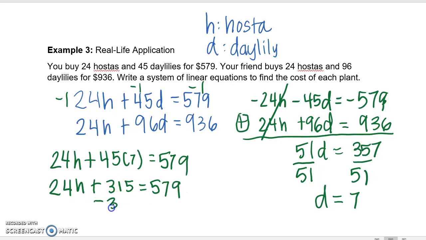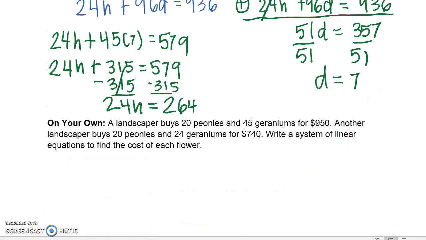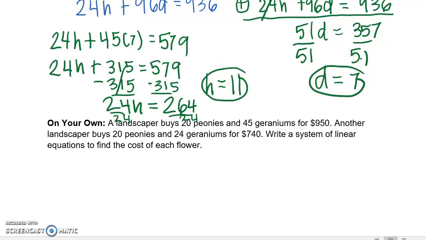Now subtract 315. 24h equals 264. Running out of room. Divide both sides by 24. I'm out of room. h equals 11. So that's the first part of my answer, and that's the second part of my answer.